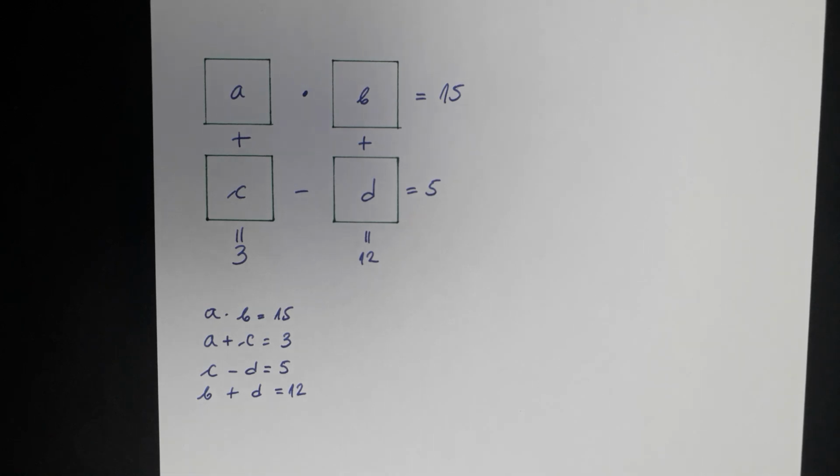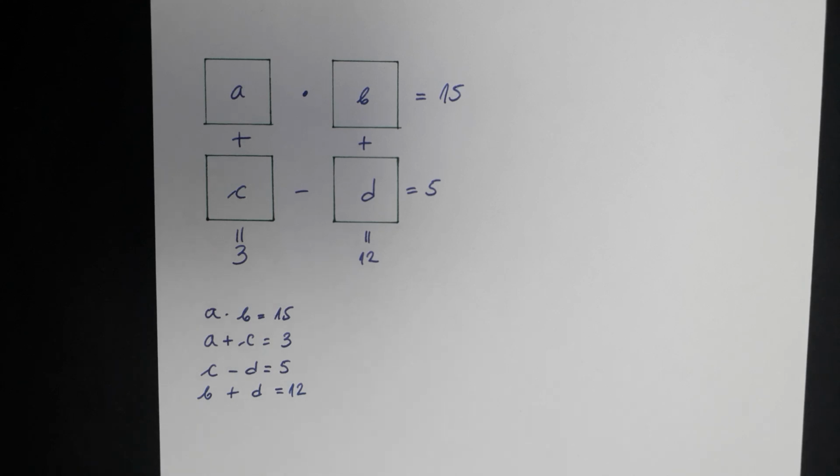In the first equation, we have only the variables A and B. In the second one, A and C. So A is a part of the first equation and the second equation, and it does not appear in the third or the fourth equation.